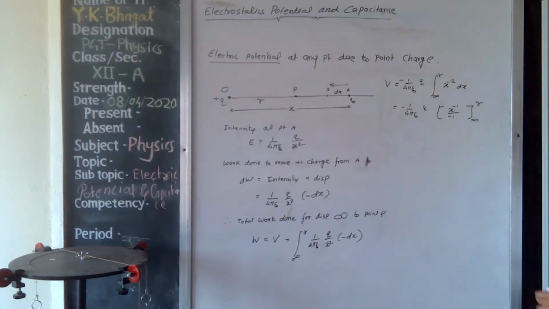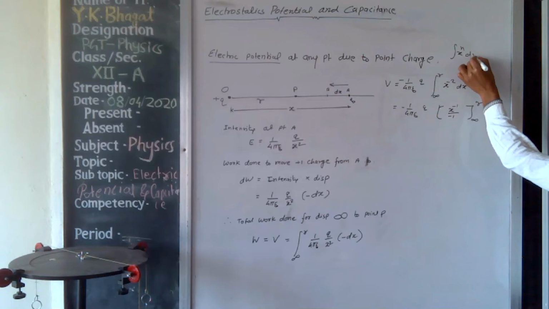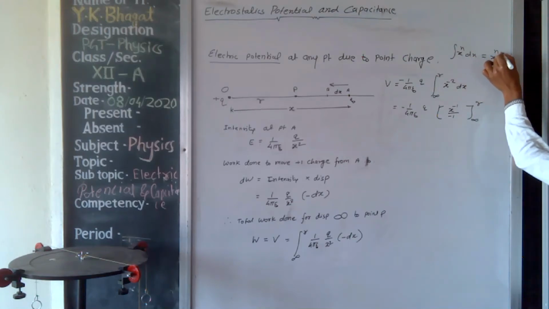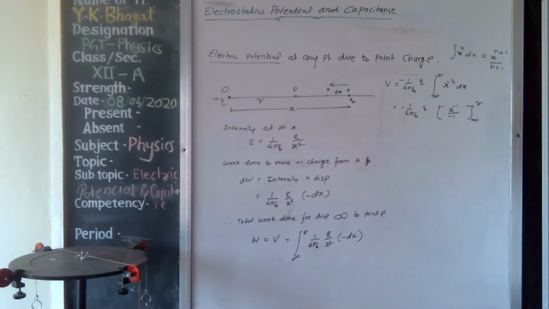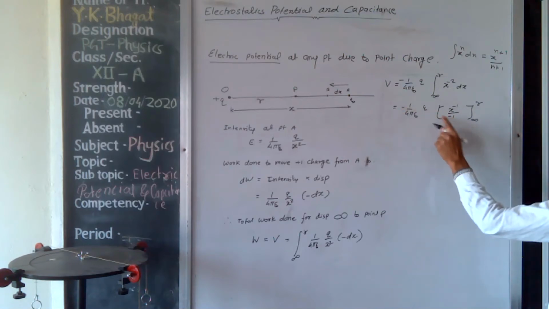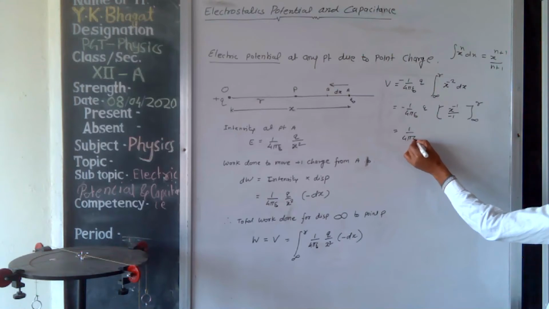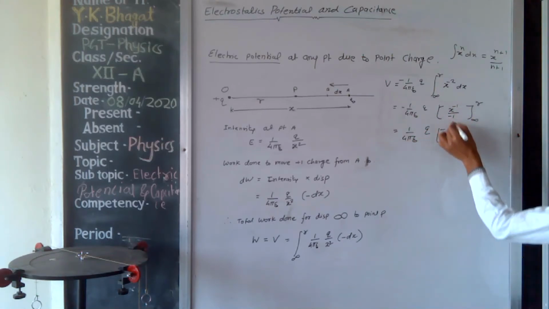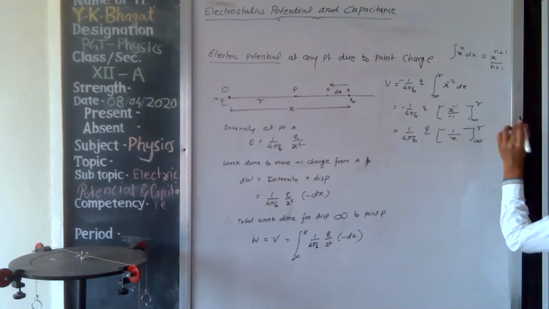from infinity to r. Why? Because we know that integration of x to the power n dx equals x raised to n plus 1 upon n plus 1, meaning the power is increased by 1 and divided by the increased power. Minus 2 increased by 1 means minus 1 upon minus 1. Due to this minus 1, after taking common, it will be positive. Then 1 upon 4 pi epsilon naught q, and it can be written as x raised to minus 1, that means 1 by x, with lower limit and upper limit.